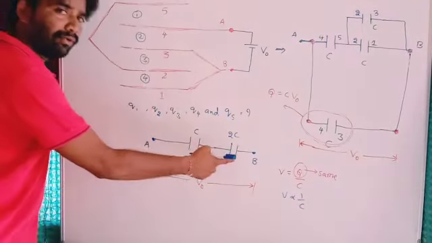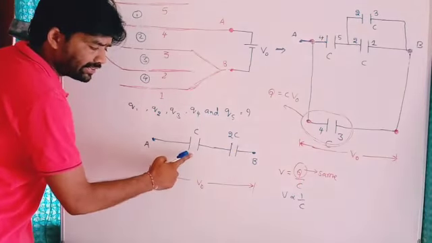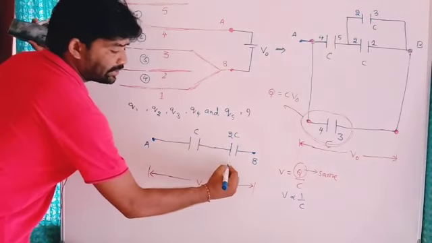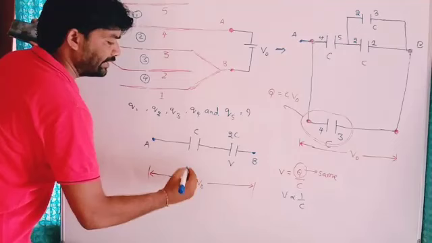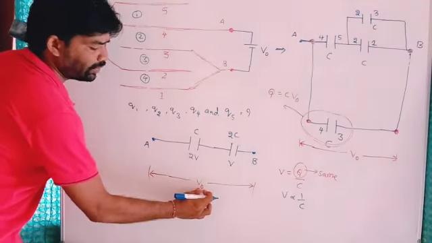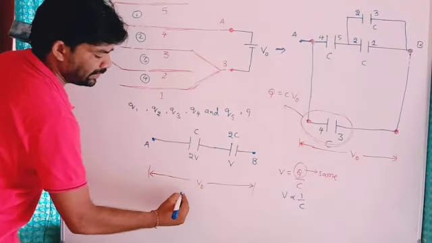The potential is inversely proportional to C. It means more potential drop takes place here than here. The potential drop at C is twice the potential drop at 2C. So let us take the potential here as V, then here it becomes 2V. That combination equals V naught, so 2V plus V is equal to V naught.